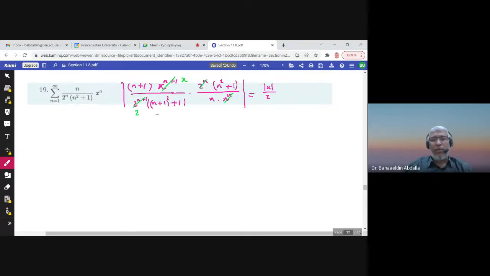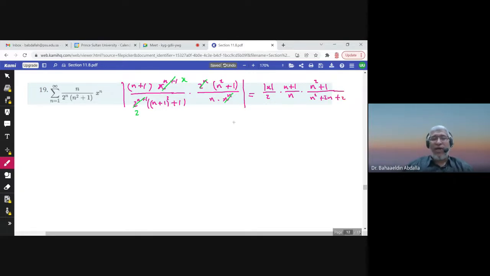And I have the following. I have n plus 1 over n, and I have n squared plus 1 over this. If you expand this, you will have n squared plus 2n plus 1 plus 1 plus 2.